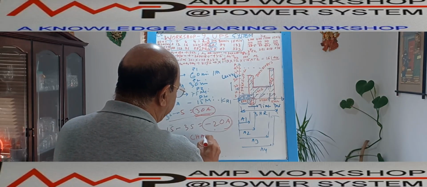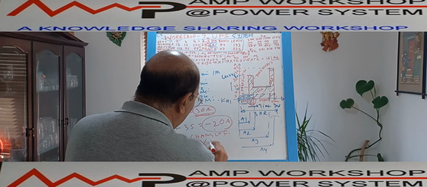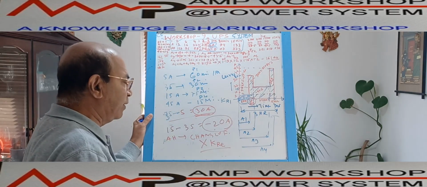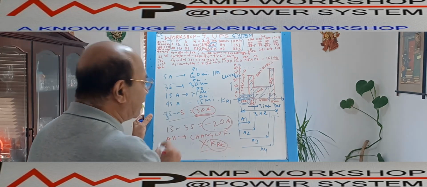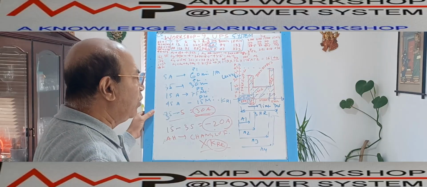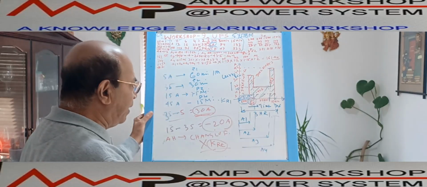Change of current multiplied by the corresponding K factor for that time interval. So when we calculate the time for the K factor for this, how will I calculate? We need to calculate it for that duration, which we will come back to afterwards.